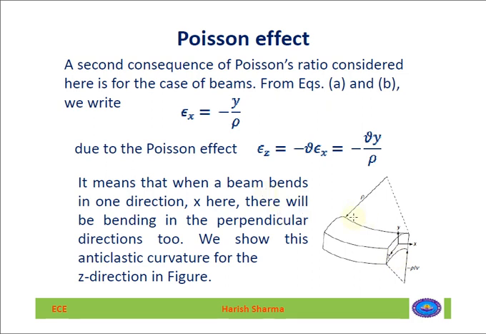Not only in one direction: if we bend in the x direction, it will bend in the y direction and z direction also, and we can calculate the radius of curvature in that direction, how much it is bending, using the Poisson ratio, your Poisson coefficient.